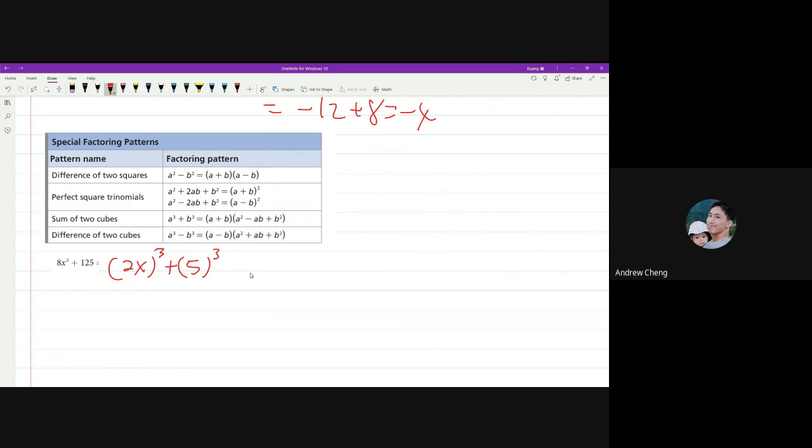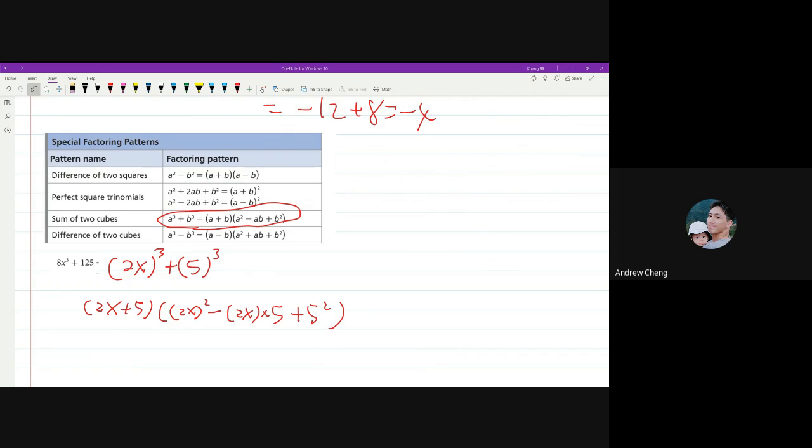Okay, so you still apply the formula. Your A is 2x, B is 5. So that will be 2x plus 5, and then 2x squared minus 2x times 5, and then plus 5 squared. Let me check on your homework.